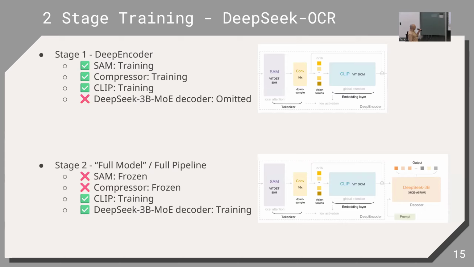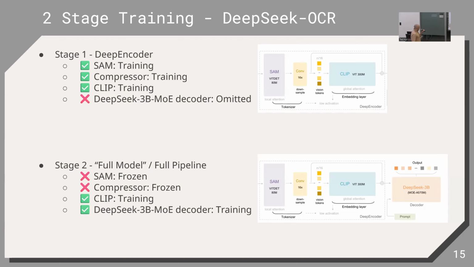Then in stage 2 they add the decoder model. They freeze the SAM model, they freeze the compressor, and they continue training the clip model alongside the 3 billion parameter decoder.